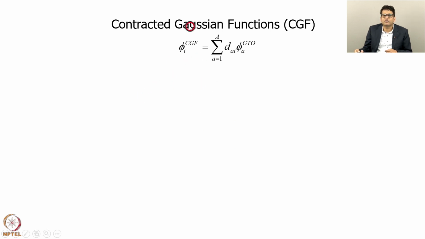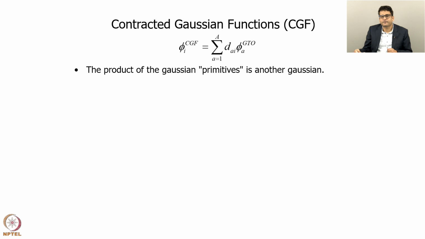This linear combination of Gaussians is called CGF, or contracted Gaussian functions, and from now on, whenever I talk of Slater type orbitals, what I actually mean is contracted Gaussian functions generated by a linear combination of Gaussians, supposed to mimic the Slater type orbitals. I will not use any Slater type orbital for practical calculations.